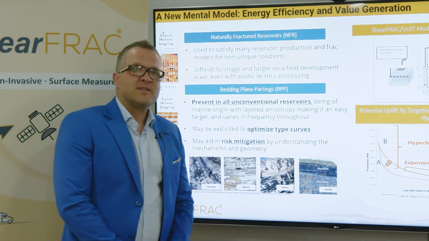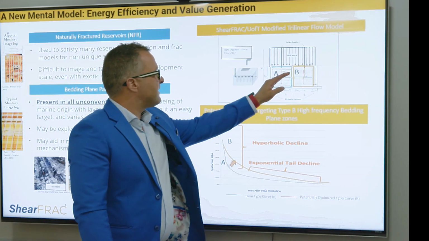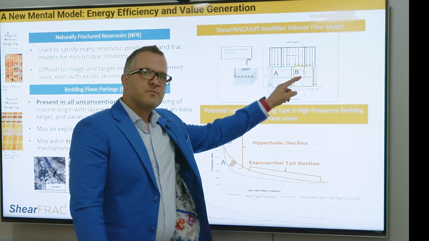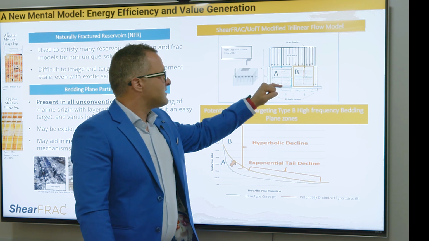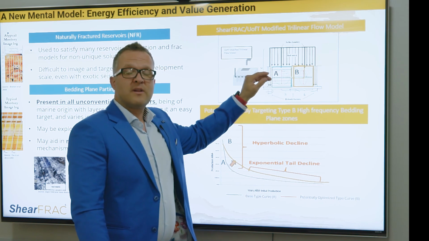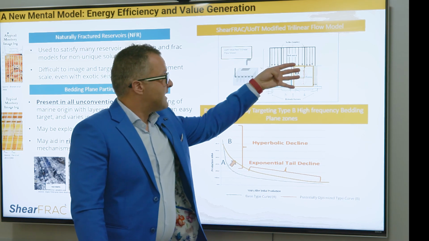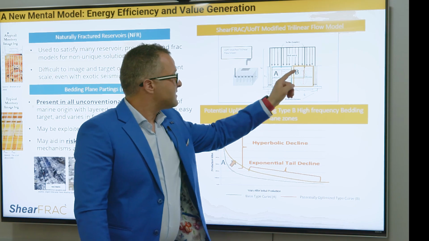So if we're to take these learnings, what does it matter? If we say now, let's take advantage of our layered anisotropy. Let's get more complexity in our frac. Rather than targeting zone A, which has maybe a sandwich with a couple layers of tomato, let's take a Big Mac with 20 layers of complexity, and let's target this.